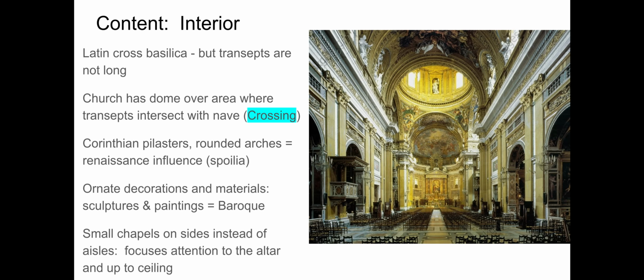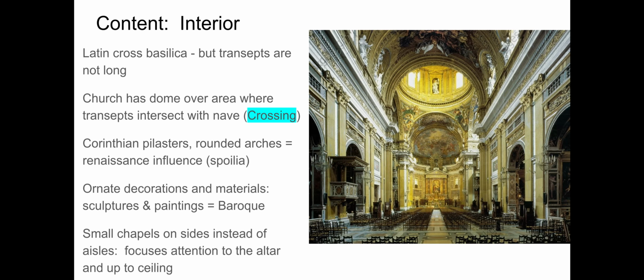So the interior space basically is showing you this really beautiful open interior. Now it is a Latin cross-shaped basilica, but your transepts are not as long. They don't extend as far out from the body of the church. So it's not a very dramatic cross shape.